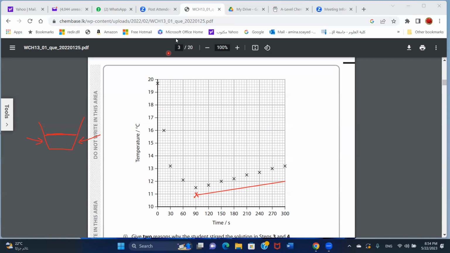Here you reach this temperature and then it started to gain the heat energy from the surrounding. But if you are using a polystyrene cup, it will not give the heat energy directly to the surroundings, but it will keep it for itself for a time and then start to rise.